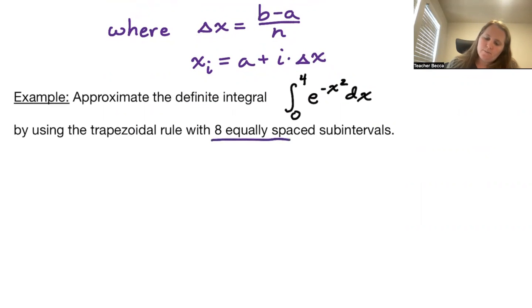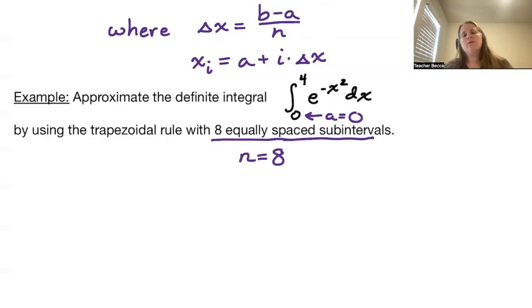So 8 equally spaced subintervals, this is telling us that our n is equal to 8. Our a is the lower limit of our definite integral or lower bound, so our a is 0. B is the upper bound, so our b is 4.